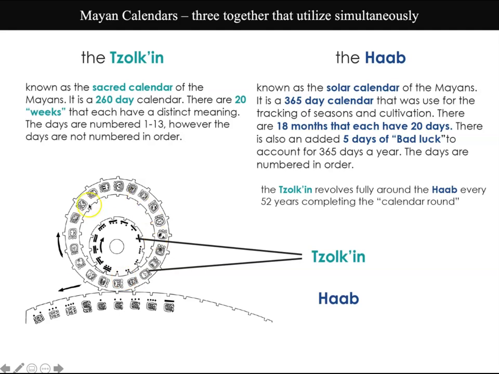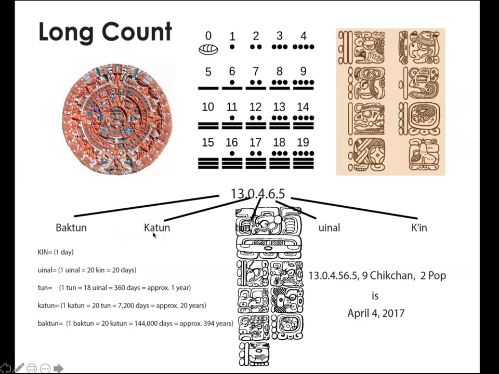And so you can imagine this system working simultaneously. And it's all part of the long count calendar, which would cycle through at least every 5,125.36 years. And it would keep dates even more accurately.